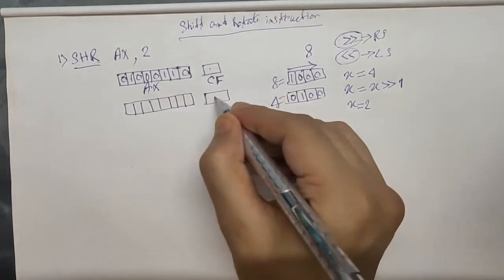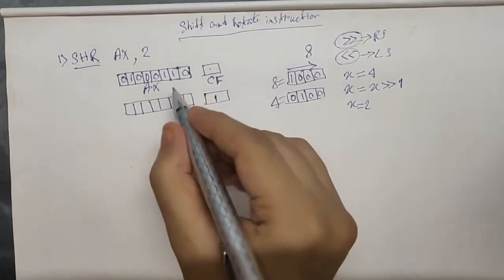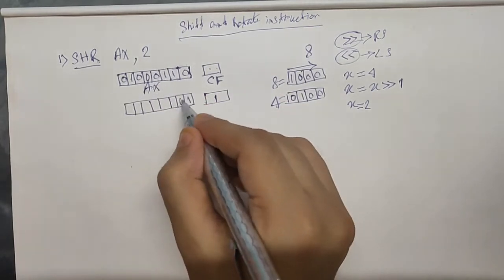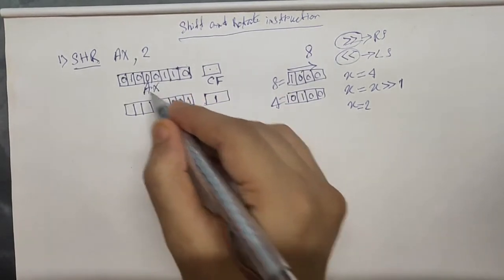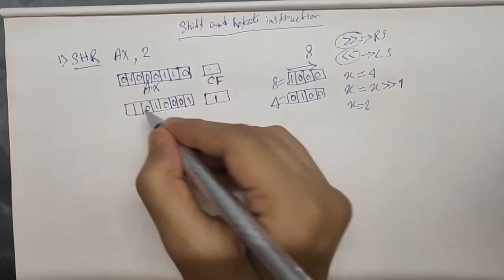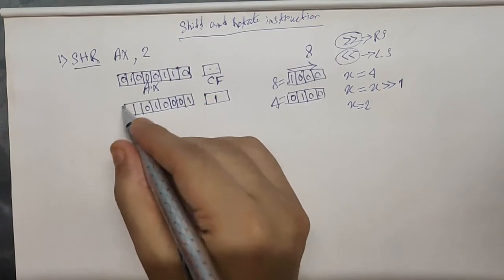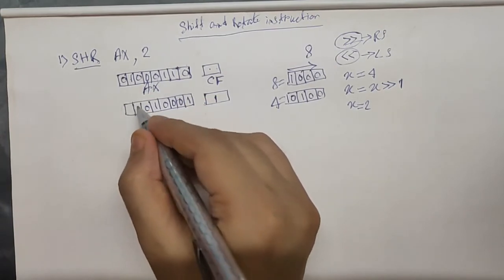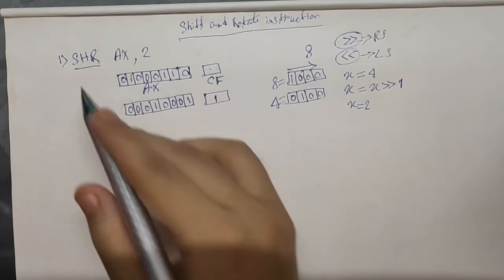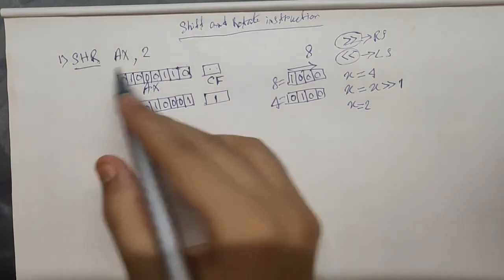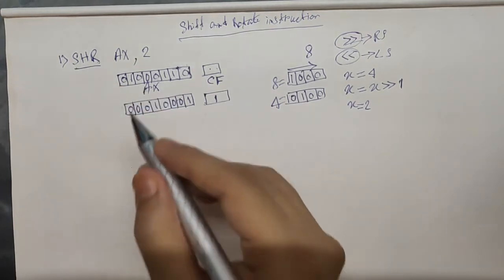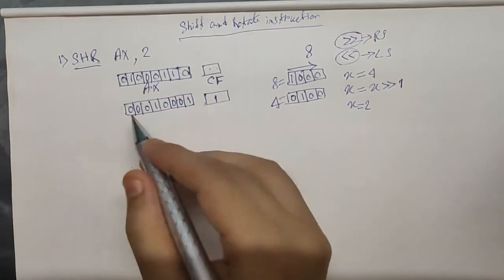So this 1 will come here, and then this 1 will come here, this 0 will come here, this 0 will come here, this 0 will come here, this 1 will come here, this 0 will come here, and we need to fill these two empty places with 0. This applies to logical right shift. If we have any empty places, please fill them with 0.